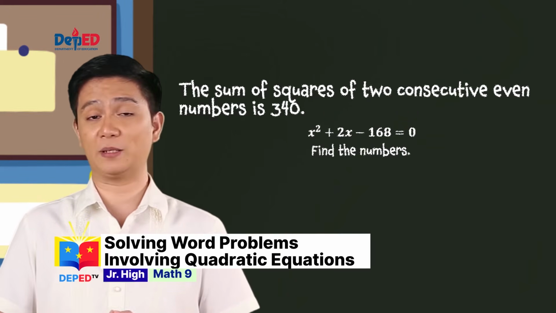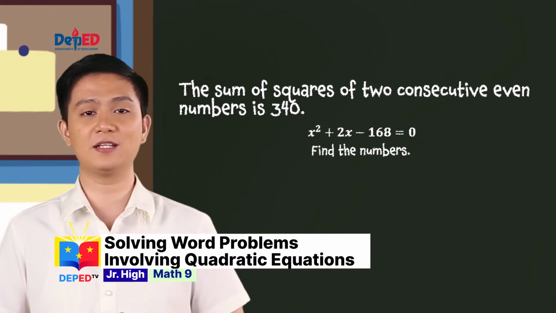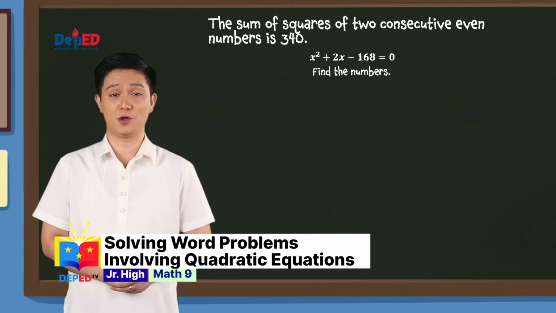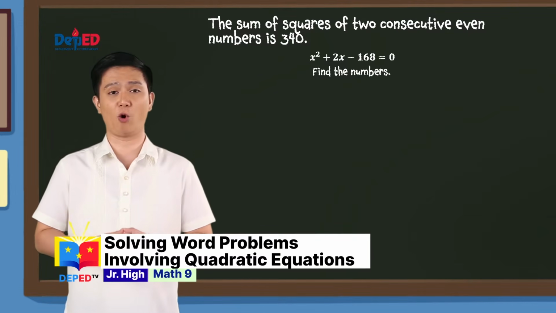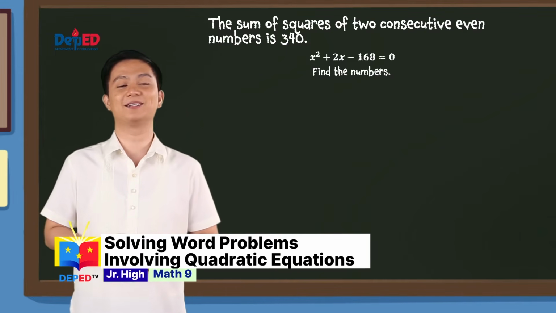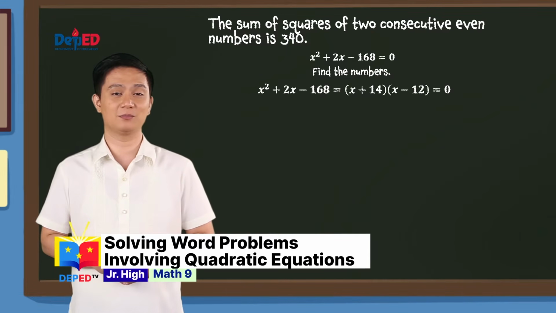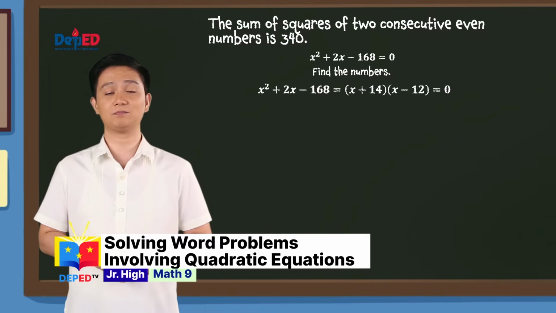Not that it can't be solved by other methods, but it is because factoring for me is the most convenient method to use. So, if you prefer completing the square or using the quadratic formula to solve, go ahead, live your life.